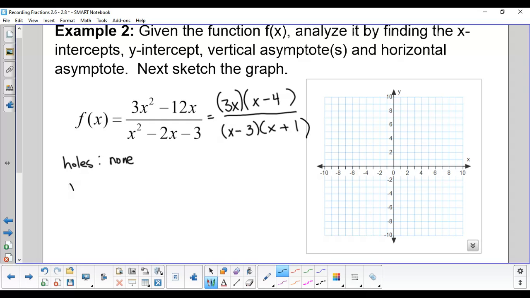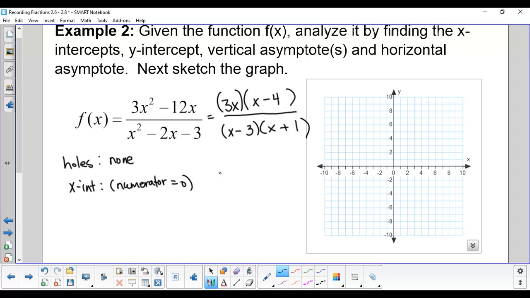Next, I'm going to find my x-intercepts. To find your x-intercepts of a rational function, you are going to set the numerator equal to 0. So x-intercepts occur when the numerator, I'm going to just write this out, equals 0.